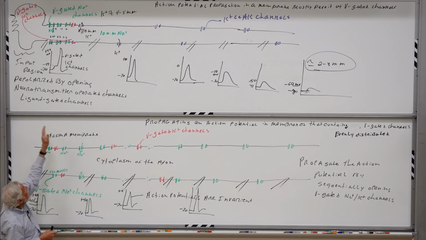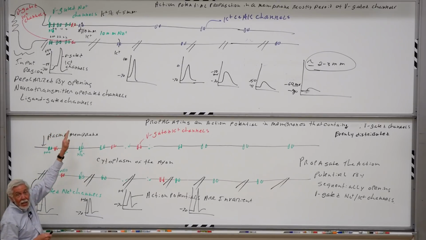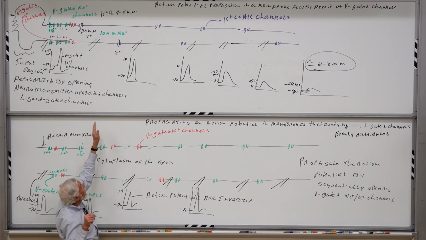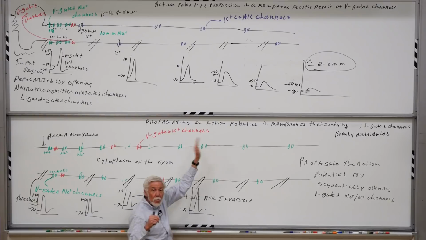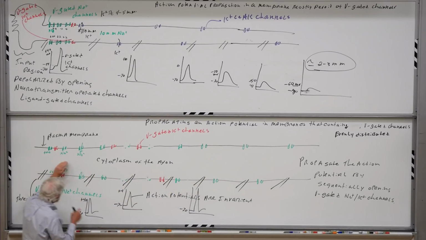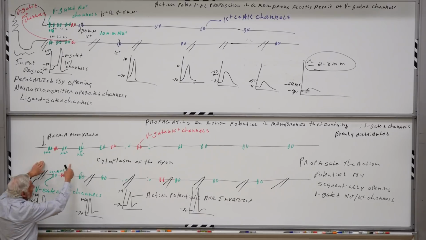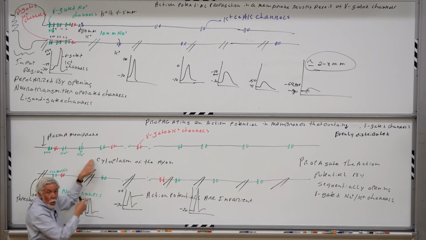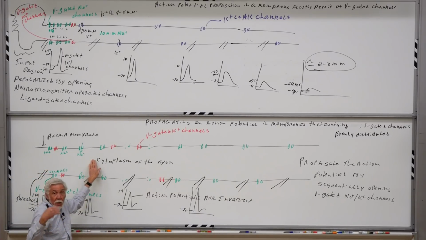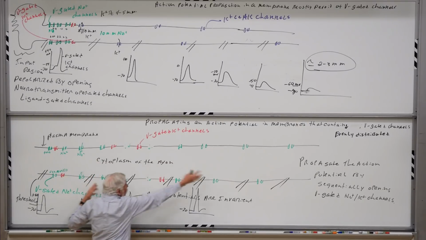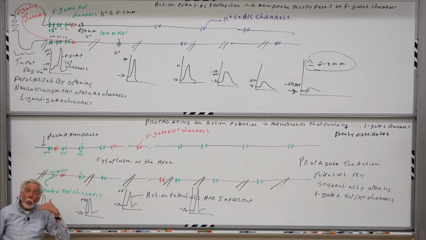So in that case, because we can't start it again, that positive charge leaks out across the membrane through the leak channels. So the potential gets progressively smaller and smaller. Whereas here, the potential doesn't get progressively smaller because we regenerate the action potential at each of these points where we open additional voltage-gated sodium channels. So it's the distribution of the voltage-gated sodium channels which permits the propagation of the action potential.